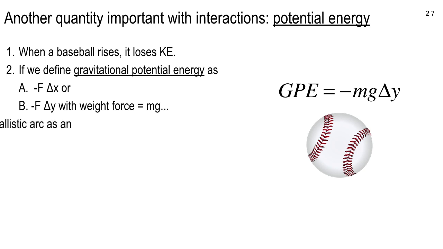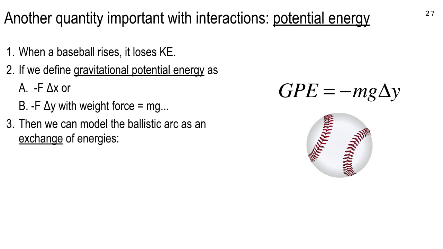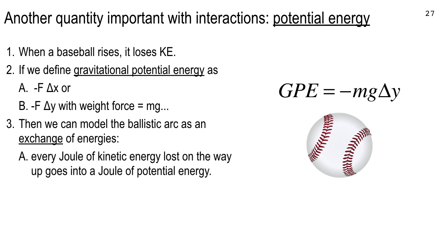Okay. So if you think of the energy this way, then any kind of ballistic arc or any other gravitational trajectory you can think of as an exchange, but not an exchange of momentum, but an exchange of energies.